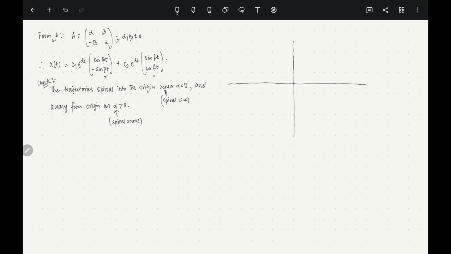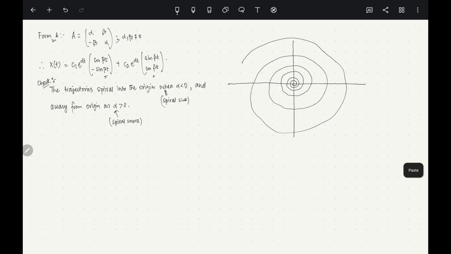Okay, so how does this drawing look? Let's just draw it. Essentially, again, at minus infinity it is infinity. So it's just moving like this. Again, my drawing is not very good, but you should realize what's happening. So it is coming like this and moving towards the origin, like this.